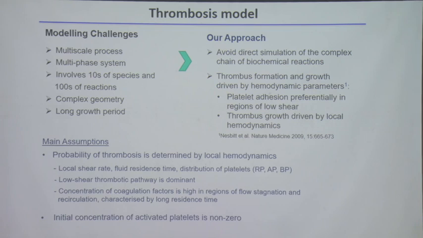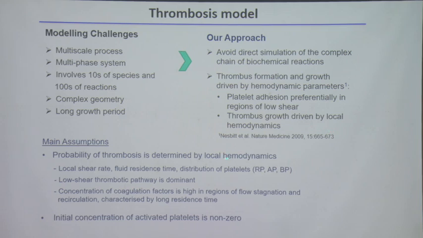The assumption that we made before we built the model was that the probability of thrombosis is determined by local hemodynamics. When we talk about local hemodynamics, of course, we first have to solve the flow using the technology that I demonstrated yesterday.